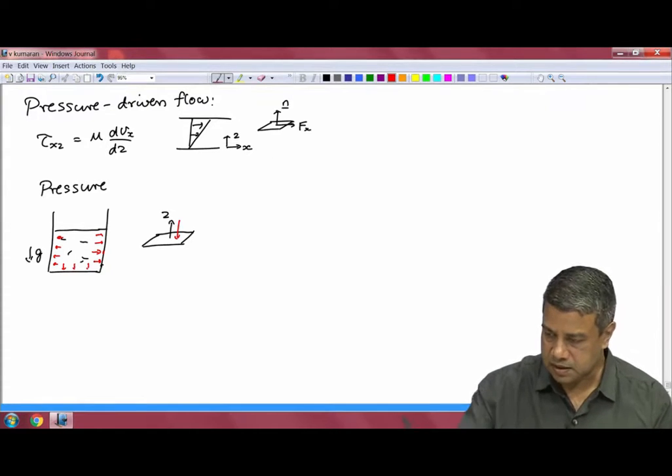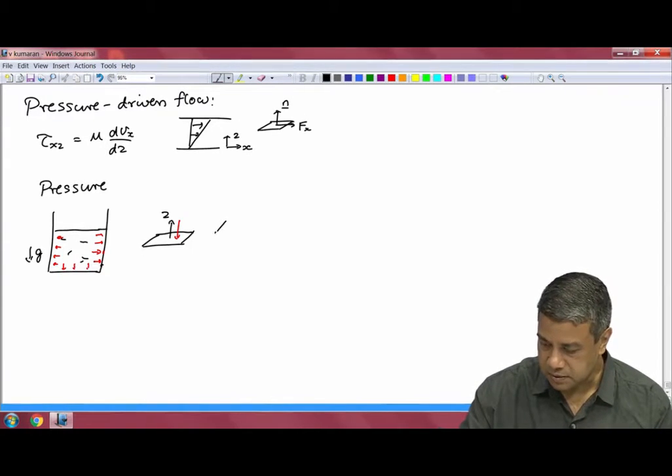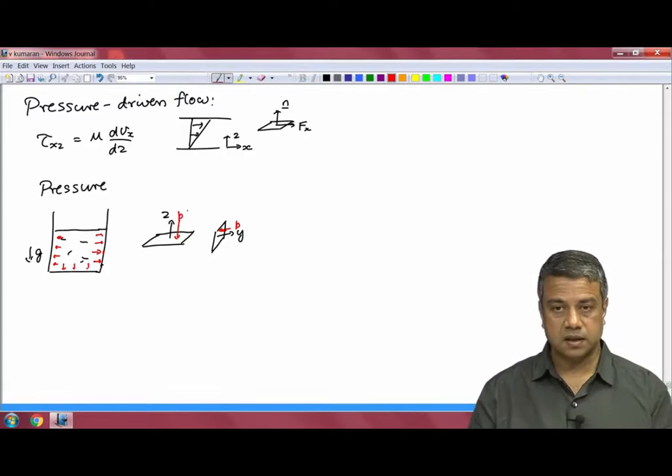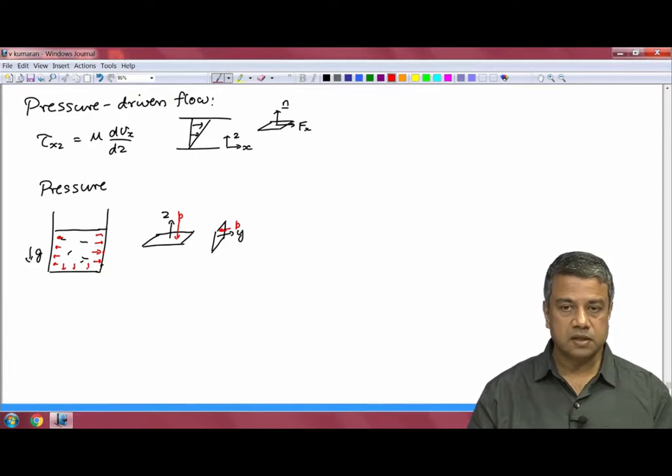At that same location, if you had a surface whose outward perpendicular was in the y direction, the pressure would act in the minus y direction. So, depending upon the orientation of the surface, the direction of the pressure changes.